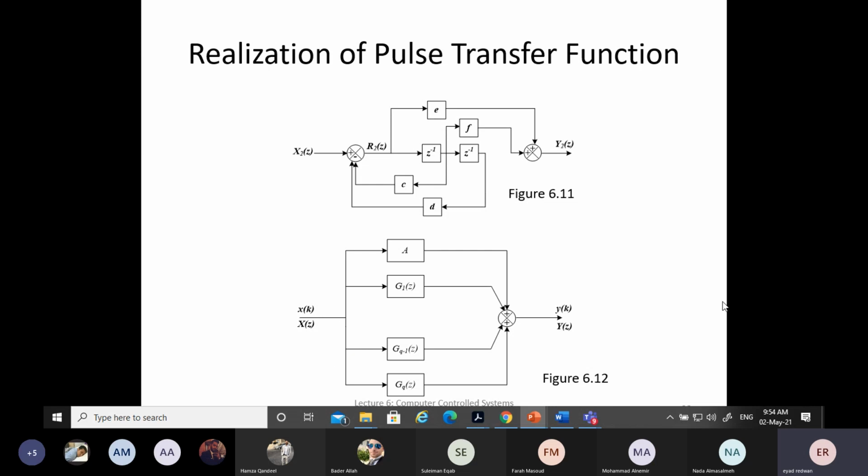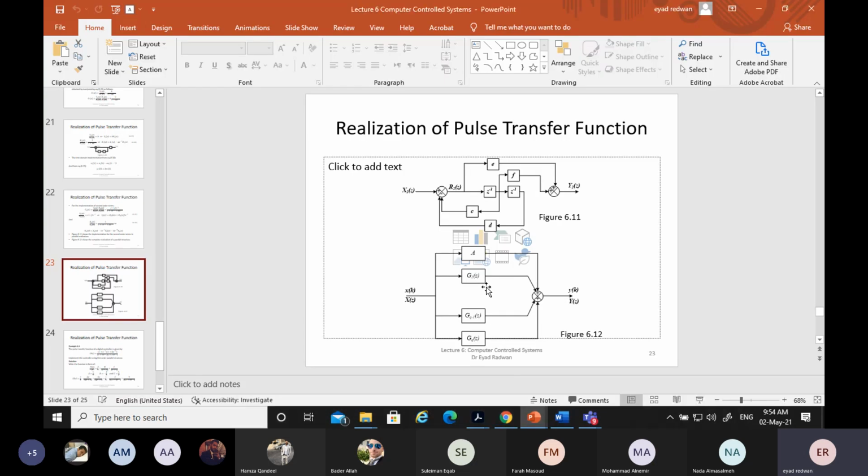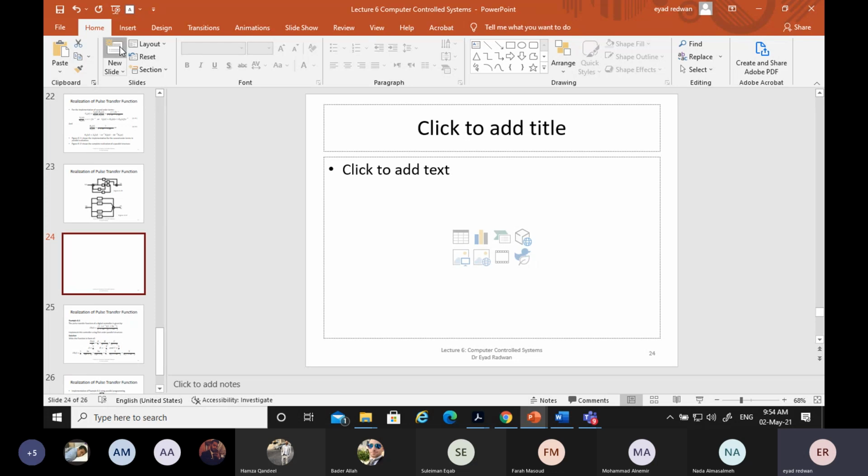Now, when we come to the implementation of the terms by itself, if I have a first order term, how do I implement it? If I have a second order term, how do I implement it? Let's look at this. A first order term will have the general form G1 of Z equals a constant such as B over 1 plus A Z inverse.